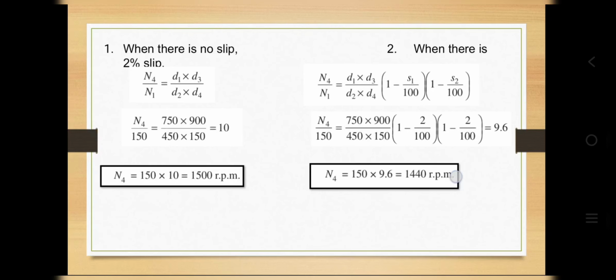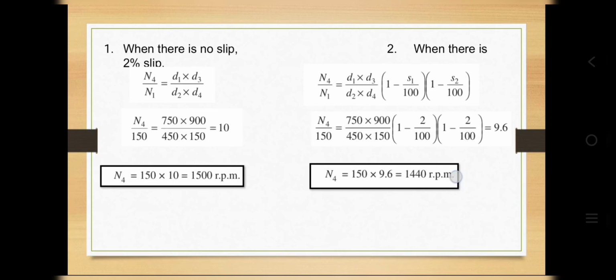We have to find N4, the dynamo shaft speed. N1 is given 150, D1 is given 750, D3 is given, D2 and D4. S1 is 2%, so 1 minus 2 divided by 100. Why divided by 100? Because the percentage is given, we have to convert percentage into decimal form.